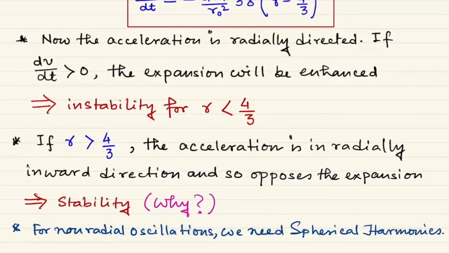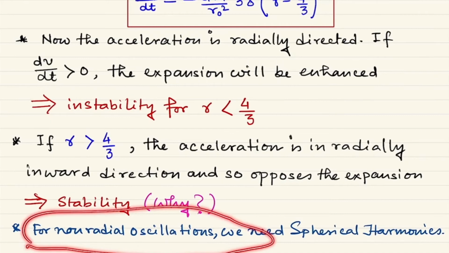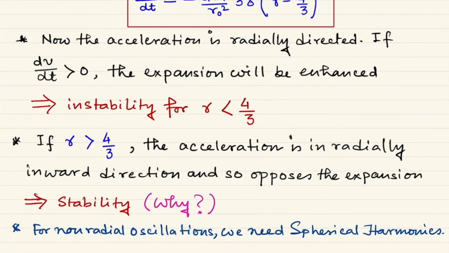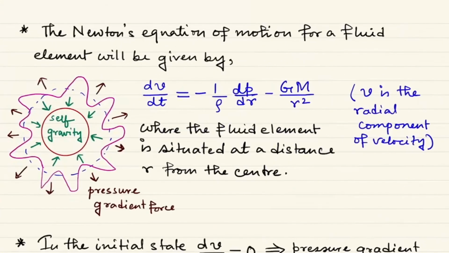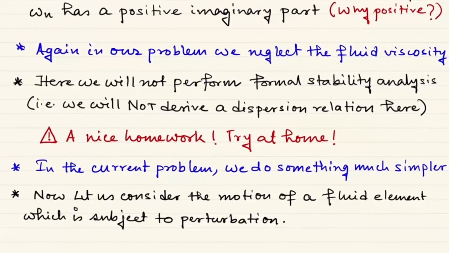Now here in this case we have done very simplified radial oscillations, but what happens if we consider non-radial oscillations? Can we have something better, something much more formal? Well, then the solution is no longer as simple as this.